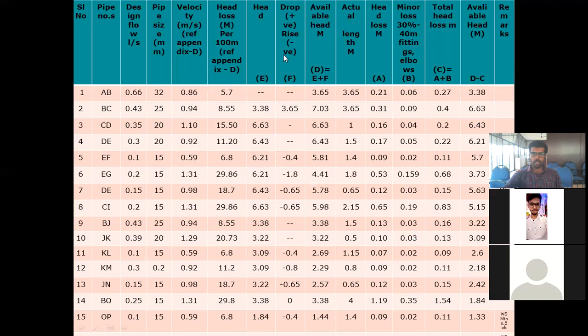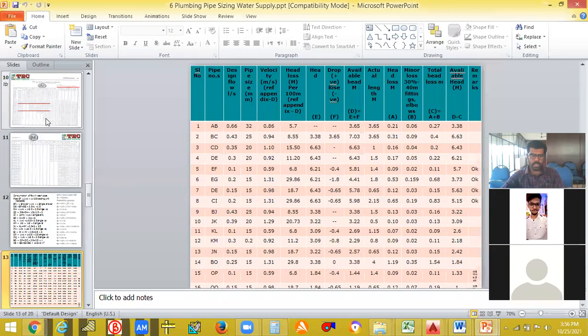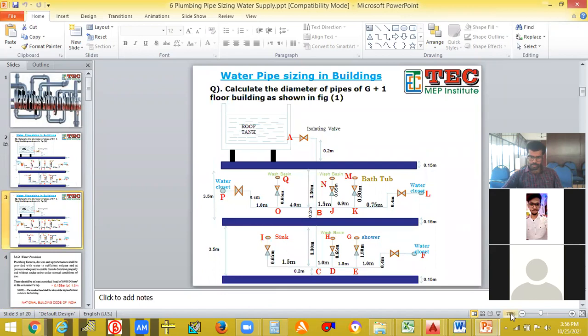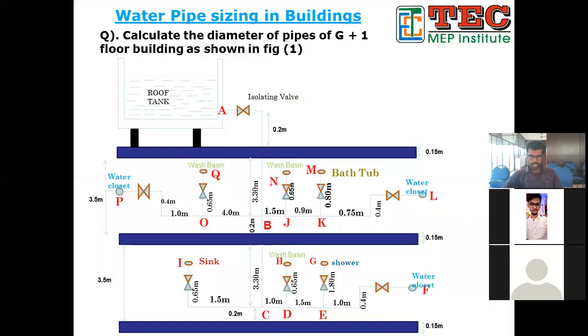Then drop: how much will be the drop? Drop 3.65. How did you get it? It is positive 3.65. Okay, this is B and this is C. So B to this top is 0.15 and this is 3.3, same as that of AB.